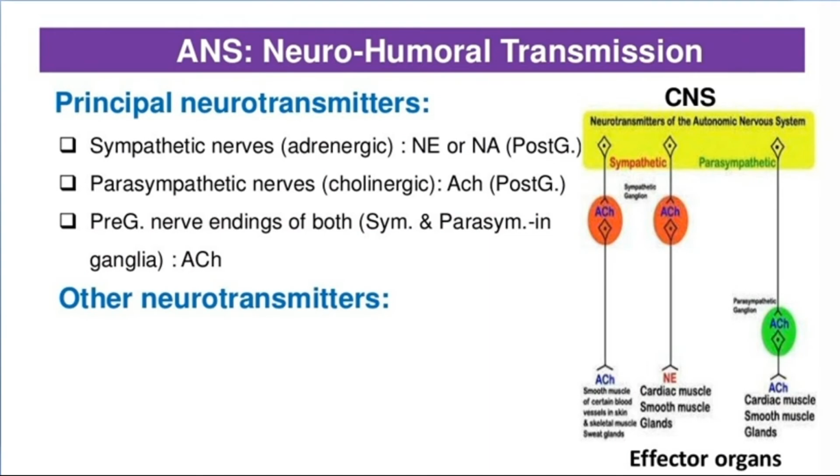And also ANS, the neuro-humoral transmission, principal neurotransmitters. Sympathetic nerves, adrenergic, which include norepinephrine or noradrenaline. Parasympathetic nerves, cholinergic, acetylcholine. Preganglionic nerve endings of both sympathetic and parasympathetic in ganglia release acetylcholine.